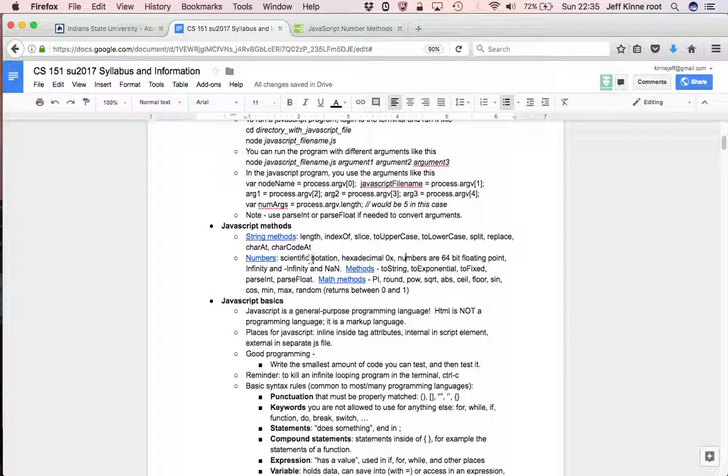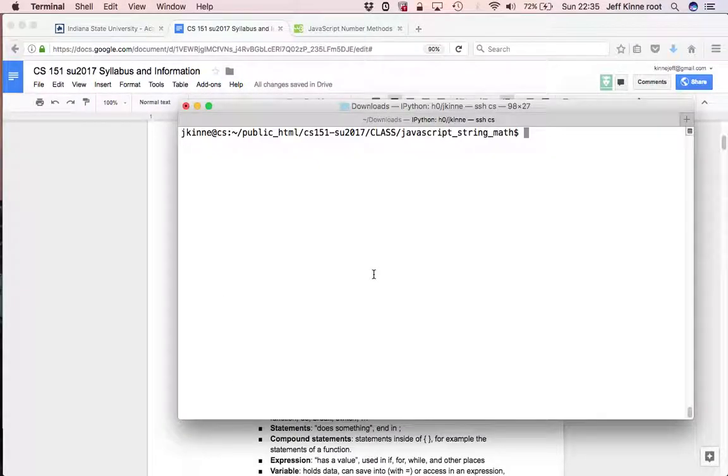The first thing on our list is a note about scientific notation and hexadecimal. First we copy from empty, and we'll make a file that will just print out the number and the number plus 1, just as an example.